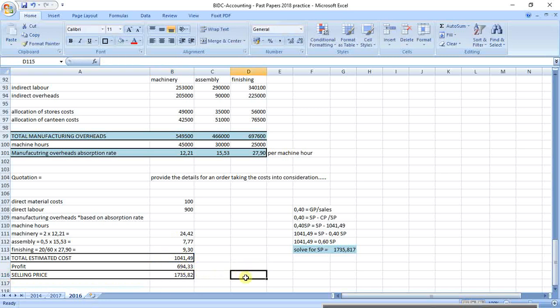If you look at gross profit percentage, let's redo it. GPM equals gross profit divided by sales. My gross profit is 694,33 divided by sales 1735,82, times 100. That gives us the exact same answer, 40%. Round it off.